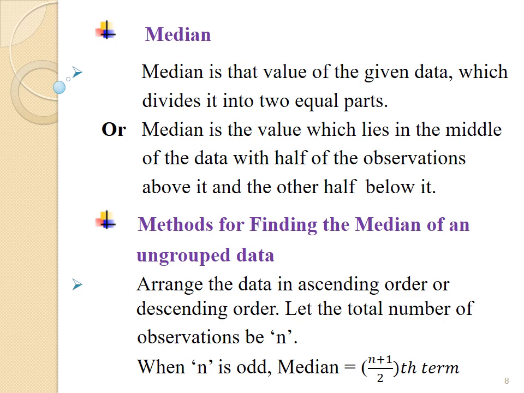When n is odd, median equals the (n plus 1) divided by 2 term. Case 2. When n is even, median equals the average of the n upon 2 term and the n upon 2 plus 1 term.